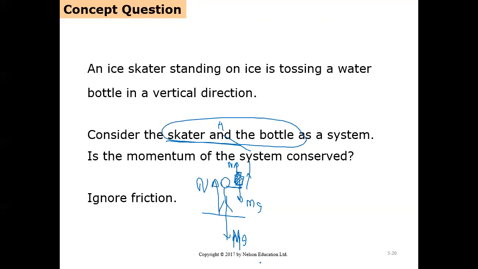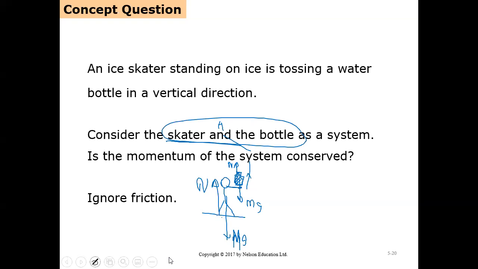But the moment when he throws it up, he needs to apply an additional force on the bottle to make it go up. Because if N and mg are balanced, will the bottle go up? No, it will be in equilibrium. So he has to push it up with a certain force, and he will be pressing hard on the ground, which makes the force acting on the person also increase to more than the weight.